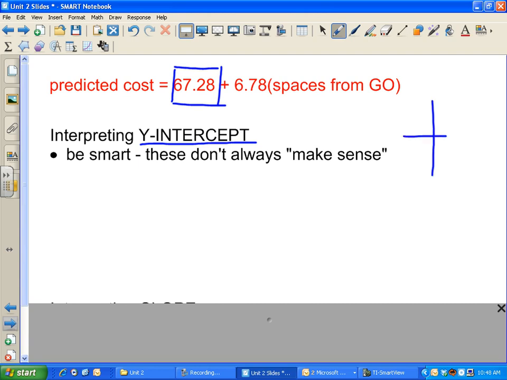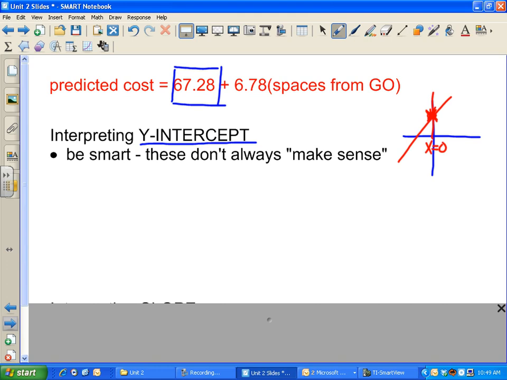Just to refresh your memory from algebra class, the Y-intercept is where my line crosses the Y-axis, right here. You'll notice at this location, my x is 0. I'm going to explain that in words.